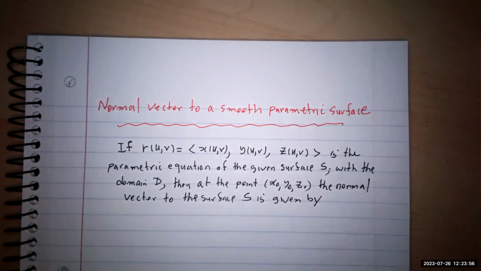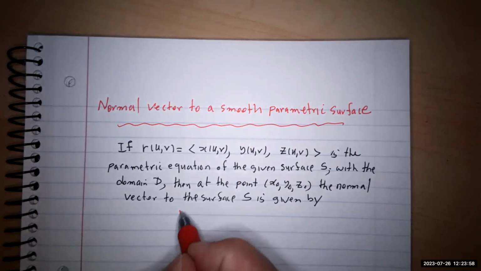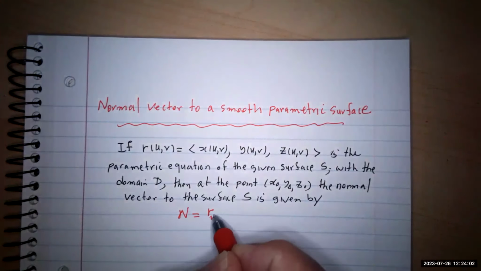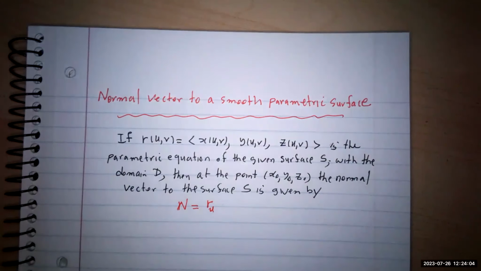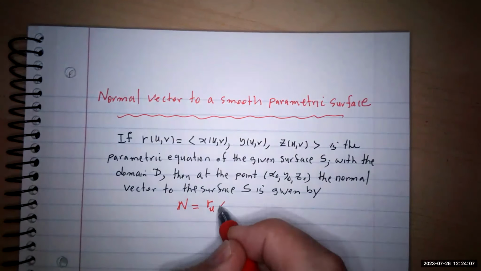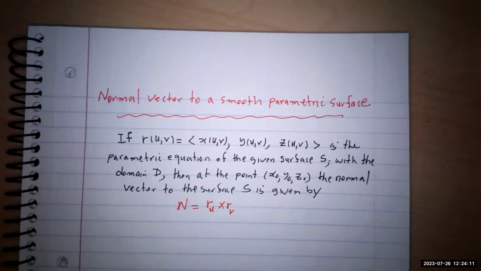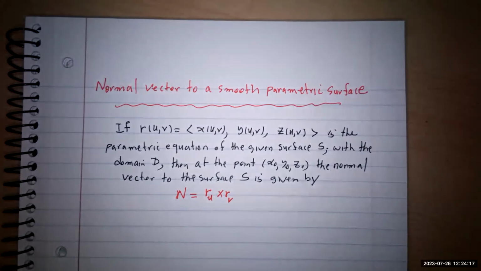is going to be given by, this is the normal vector. The normal vector is going to be r sub u, the partial derivative with respect to u, cross r sub v, the partial derivative with respect to v. You know that those partial derivatives are vectors, and then you consider the cross product.